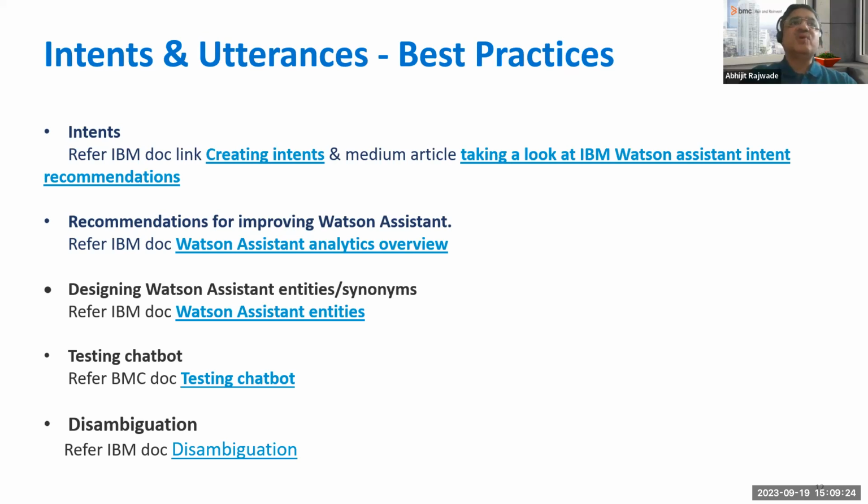Once you have designed your bot, one of the important things that you would be interested in knowing is how well is my bot performing, and how accurately it is identifying the intents in terms of the utterances or the conversations that my end user is having. In order to support this, IBM has a feature which is known as testing the bot, or testing the intents or utterances. There is a set of links related to how you can use this capability.